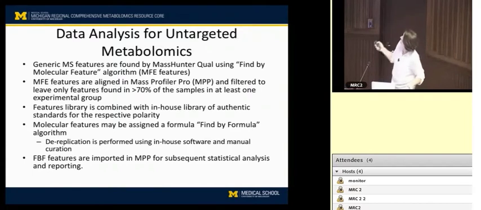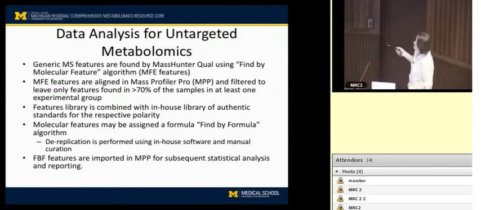You can either just say across the board, I just want to look at features that are in 70%. In this case, we did say in one experimental group. But some labs may say, we don't have enough information based on the study design to filter based on number of groups.